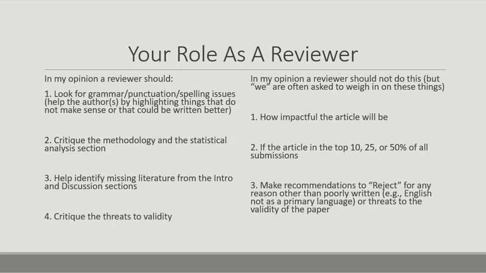Now, in my opinion, a reviewer should not do these things, but we are often asked to weigh in on these things. That is, how impactful the article will be. So, if you're not familiar with it already, there is a way that journals are ranked. It's called the impact factor.